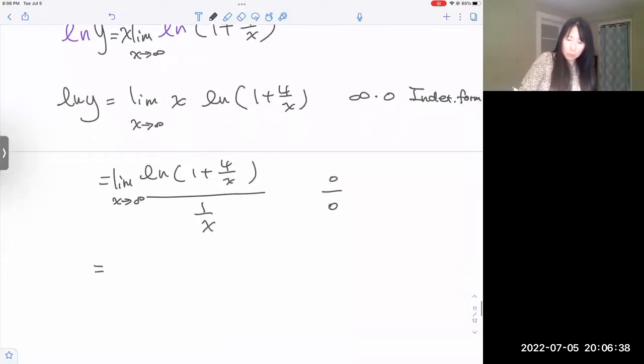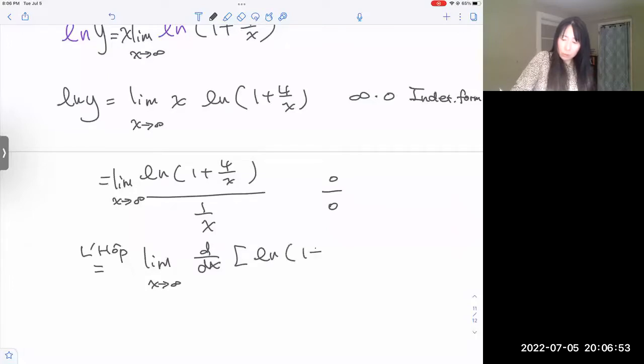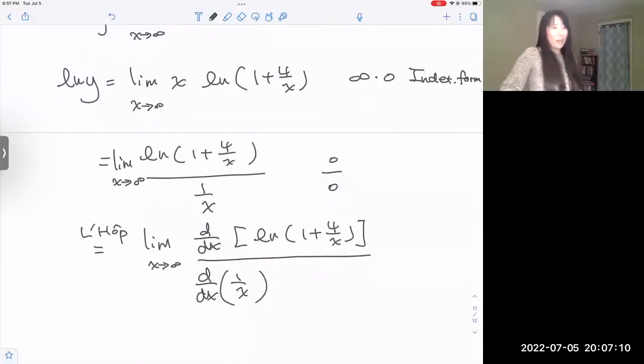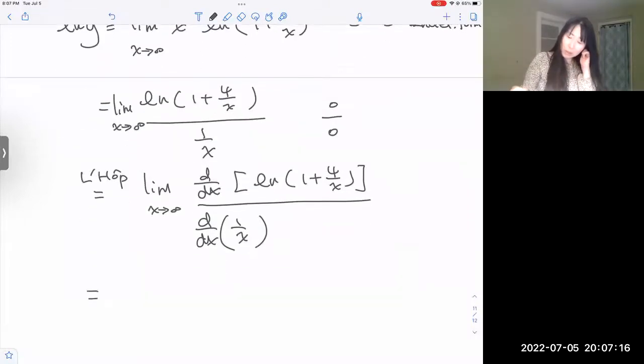Okay, now we can take L'Hopital's rule, right? So how do we get it? The numerator is ln(1 + 4/x), and the denominator is x, and we take derivatives. The derivative of the denominator is 1 over x.